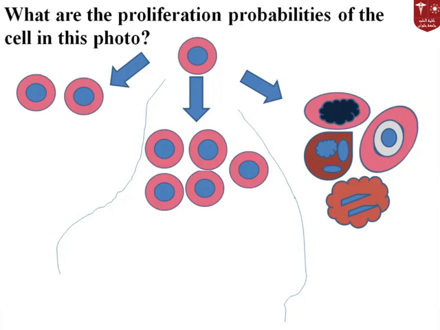So if I told you that cells, before they divide, duplicate their DNA content first, I think you will expect malignant cells to have multiple duplications of the DNA content in the nucleus before dividing and giving rise to many daughter cells.